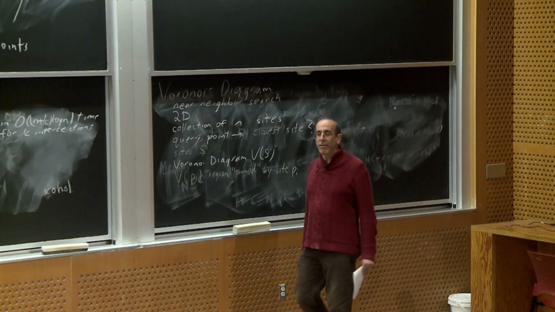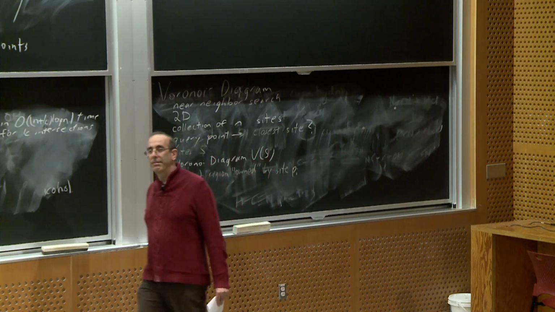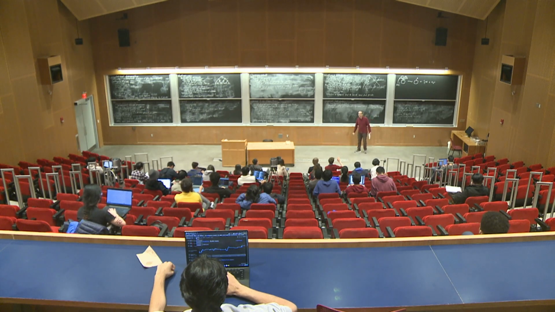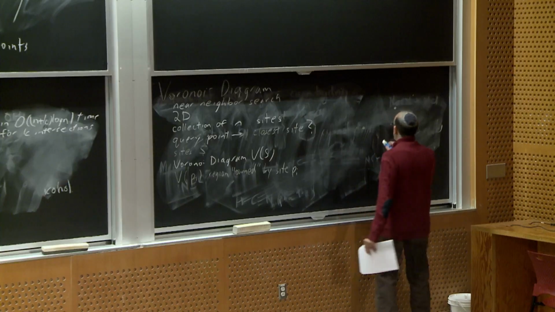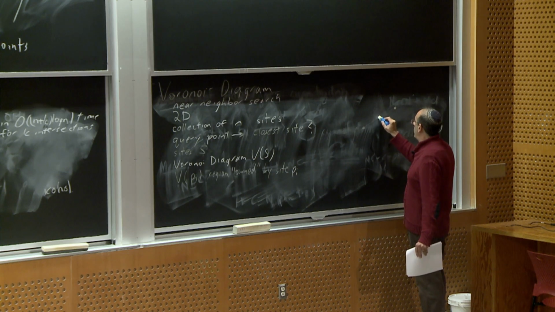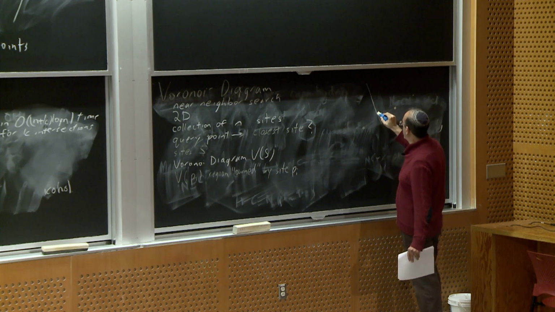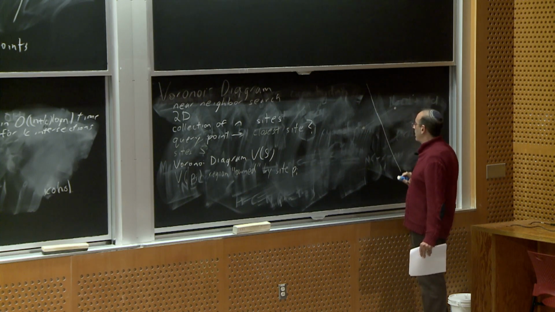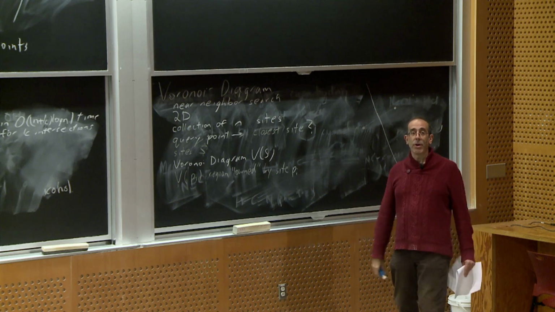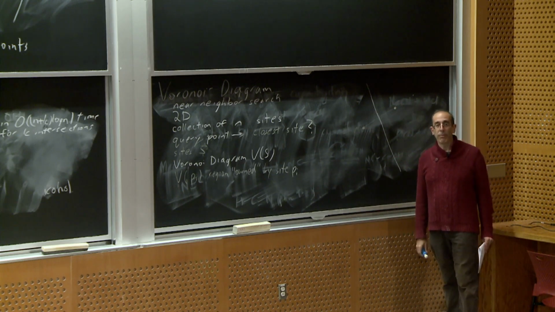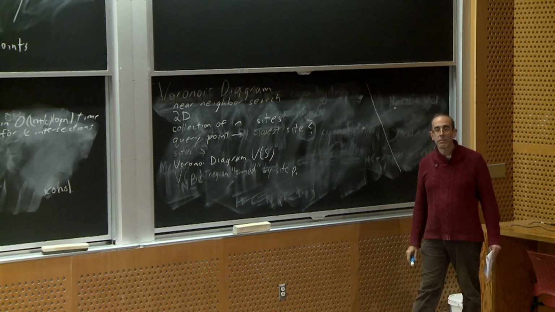What defines the Voronoi regions? Yeah? The line that's equidistant between those two points? Yes, otherwise known as the bisector, right? So if you draw a line between the two sites, then the perpendicular bisector between these 2 points is what determines the 2 Voronoi regions for these 2 points, right?